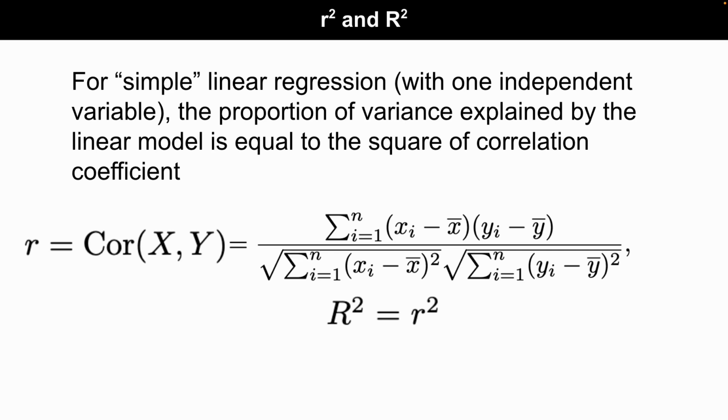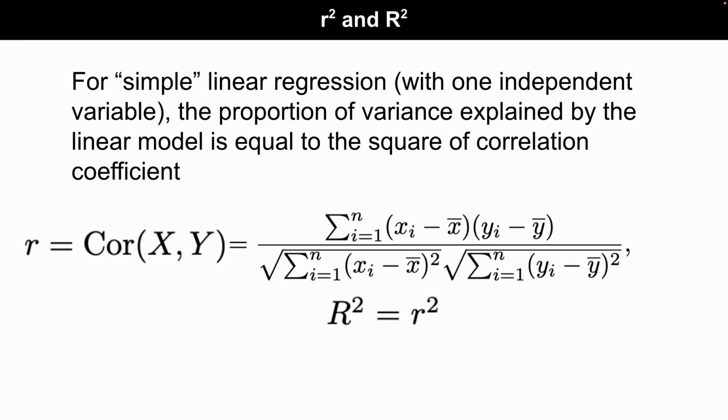However, in the case of a single variable and in linear settings, your capital R square is equal to r square. So the amount of information that your model explains is equal to the square of the correlation coefficient between the two variables, if it is single variable data and you're fitting a linear model. You can calculate R square for any model. It's not tied to a linear model.